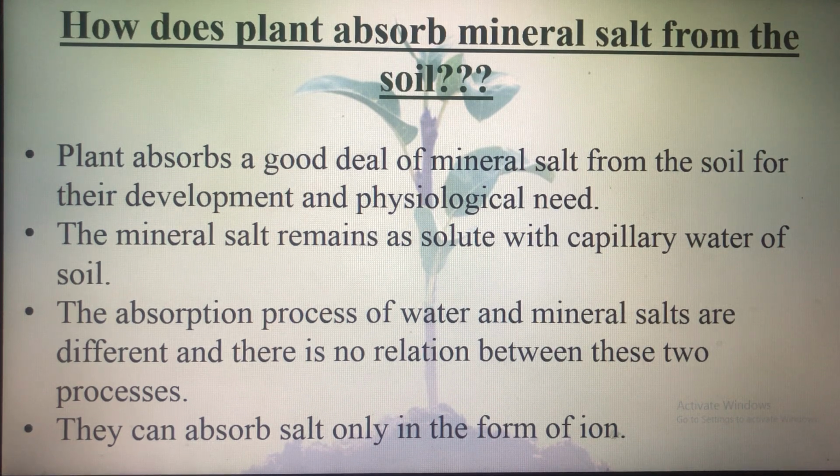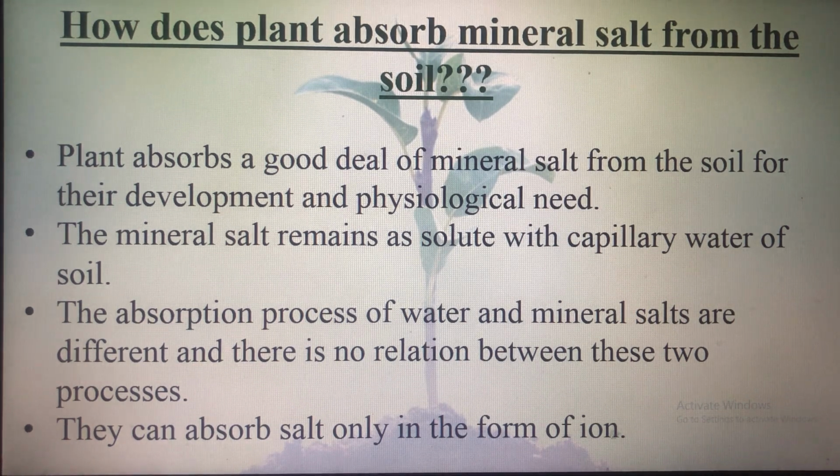The mineral salts do not remain independent; they remain as a solution. That means they are the solute and the capillary water is the solvent, and they form a solution in the soil. Although they remain as a solute in the capillary water, the absorption processes of water and mineral salts are absolutely different, and there is no relation between these two processes.